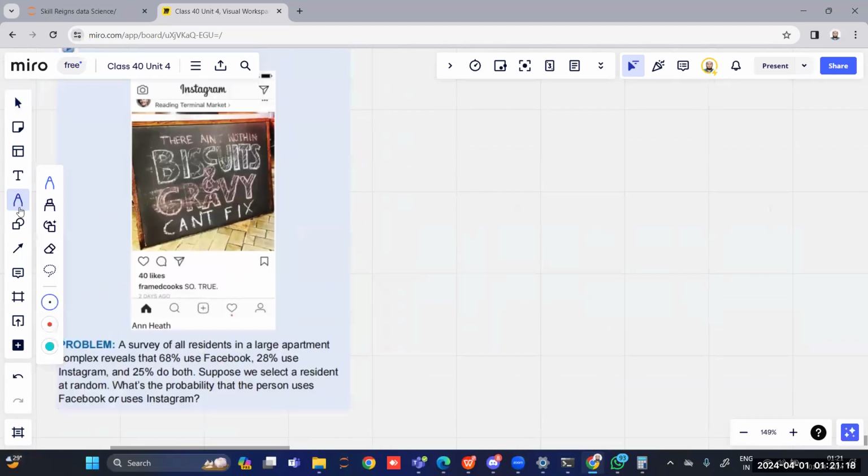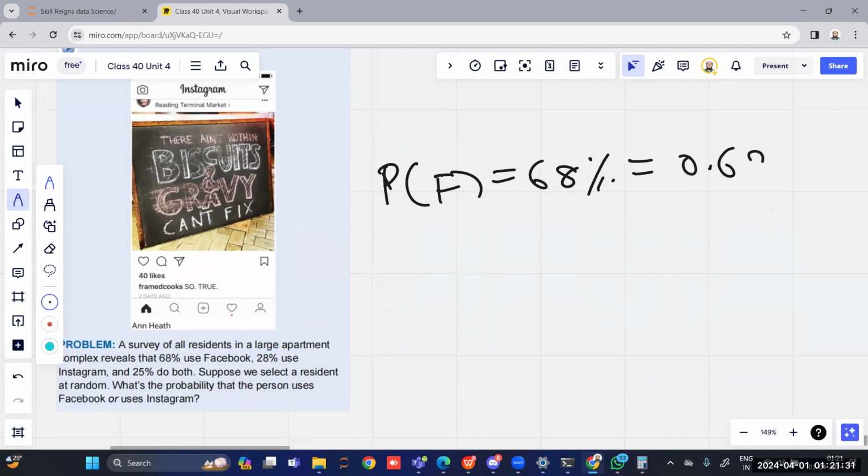For example, he's telling that the probability of Facebook users is 68%, means 0.68.